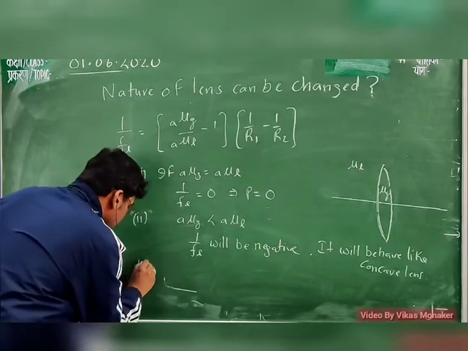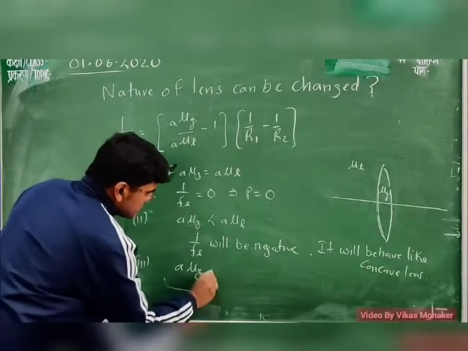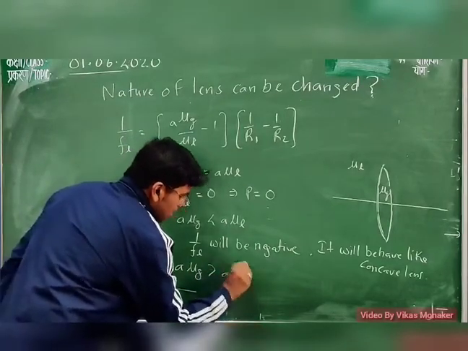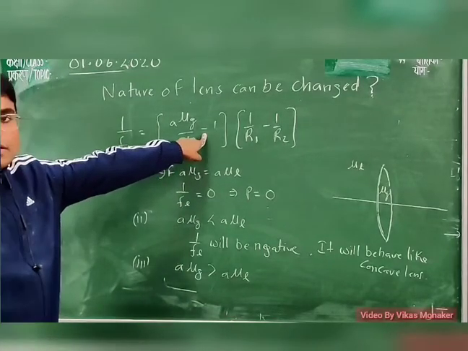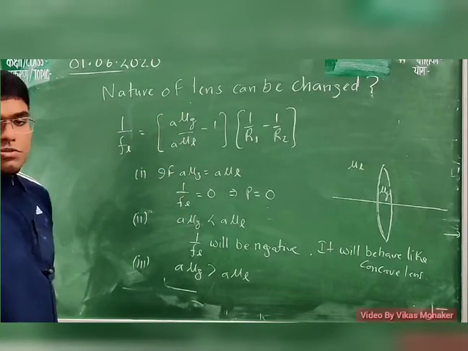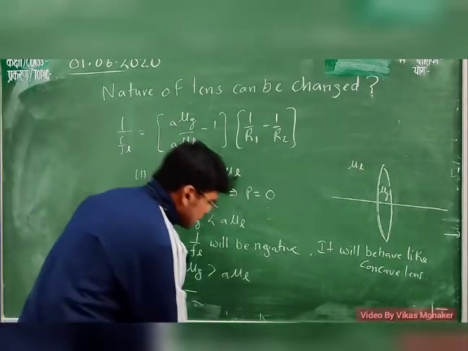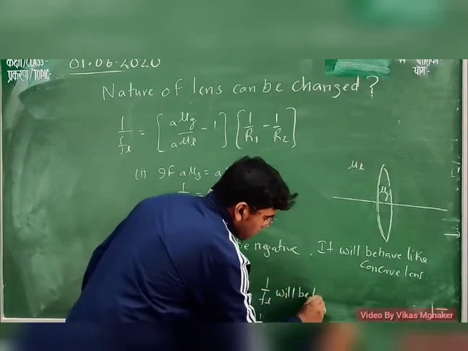Third case: what will happen if mu g is greater than mu l? Then subtracting 1 from this ratio, the ratio will be coming positive. Then 1 upon f l will be positive.